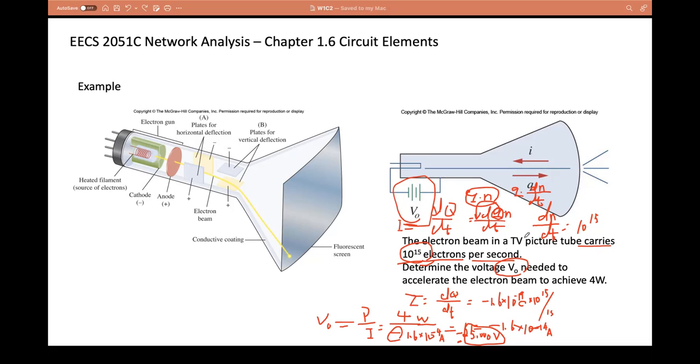Later on with more practice, you will see when we assign a positive direction to the circuit, sometimes it's not correct, and the result will come out with the voltage or current value as negative. Then you will know the direction you assigned earlier should be the opposite. Yeah. Okay.